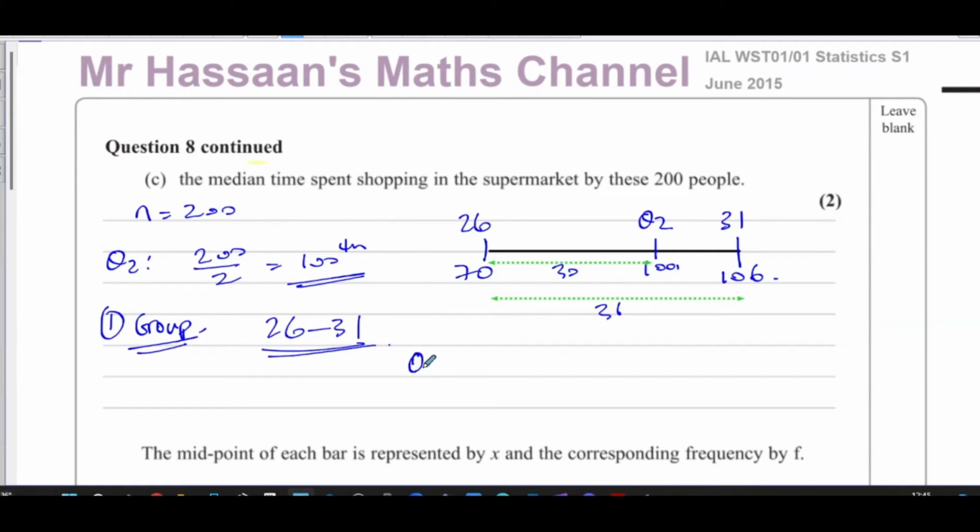So we can say Q2 is equal to, first 26 plus 30 over 36 times the width of the group in terms of the values of time, which is 31 minus 26, which is 5. That's going to give you the value for Q2.